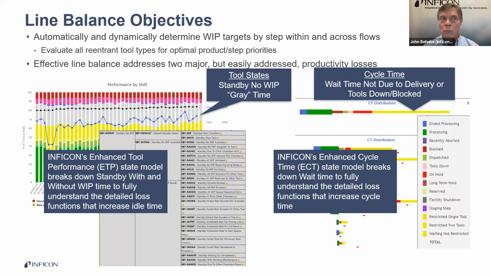Now, why? Well, the main reason is that factories are not nearly as efficient as those that run them would like to believe. There are a tremendous number of hidden losses. The two big ones, quite frankly, in every factory, be it automated or manual, are standby with no WIP. That's this gray area on the left. All that means is that a tool is up, it could run, but there's no inventory for it to run.